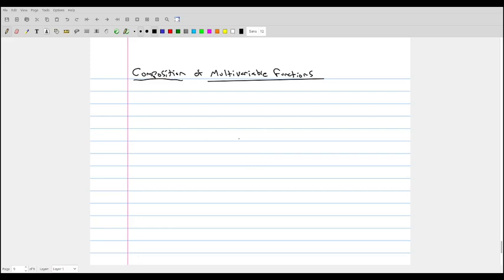So let's say, for instance, we have some function, we'll call it w, equal to f of x y, but then you also have that x is equal to some function g of u v, and y is also equal to some function h of u v.